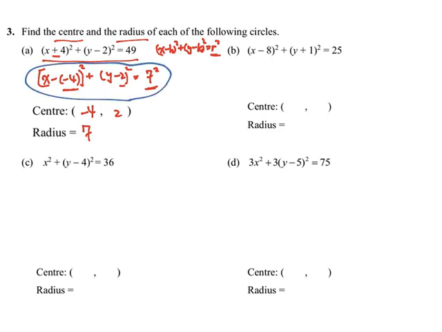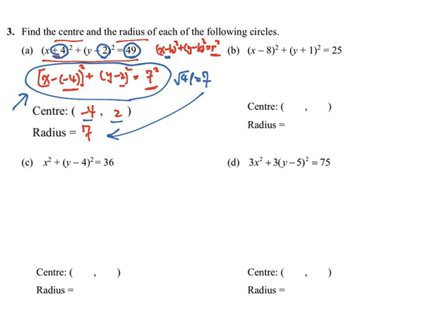Why? Because we know it is opposite. So when you see positive 4, it's negative 4, and when you see negative 2 here, it's 2. Like this. And for the radius, we know it is the radius squared, so take the square root of 49, then 7. If you're not sure, no problem, you can do this step.